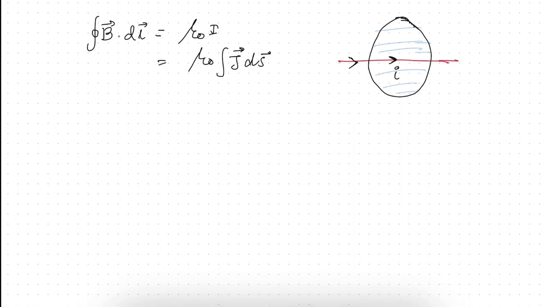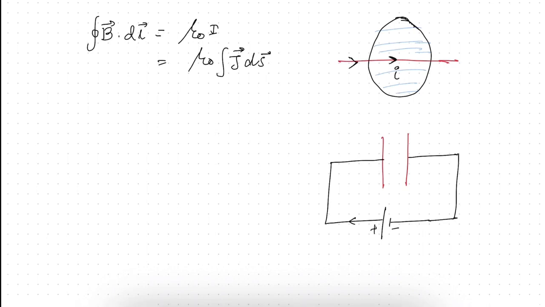Now let us take a situation. Suppose we have a parallel plate capacitor, and this is the source, with a positive terminal and a negative terminal, and the current flowing through is small i.